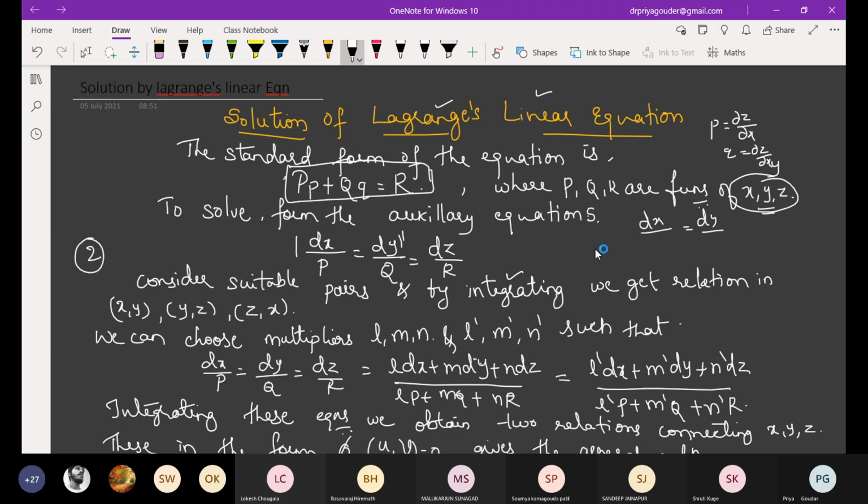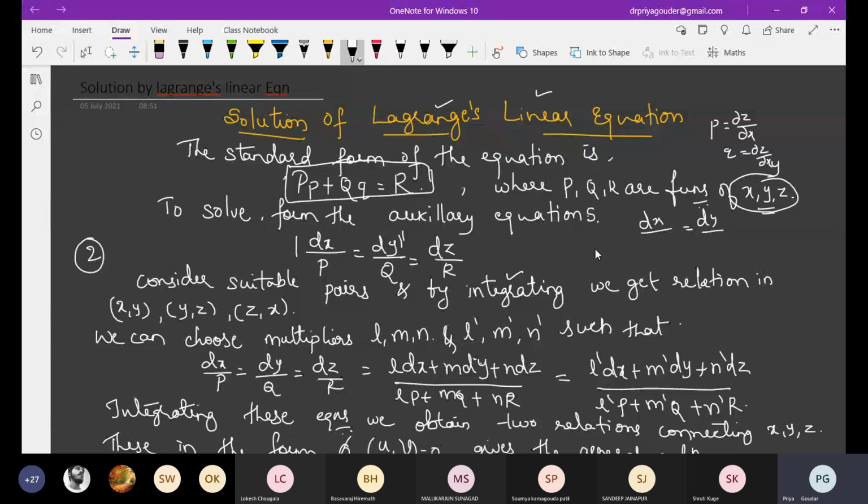Obviously, z is going to trouble us, because you can integrate with respect to x here and with respect to y here. What to do with z? z cannot be treated as a constant, because it is not a partial, it is d, which means it is a total.